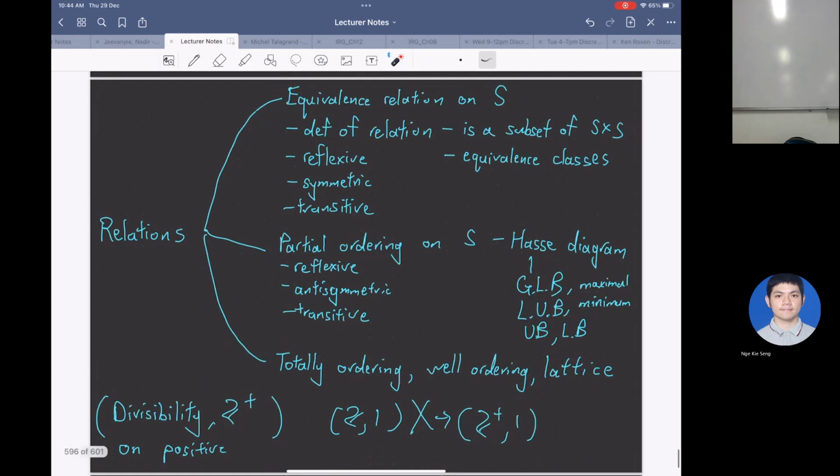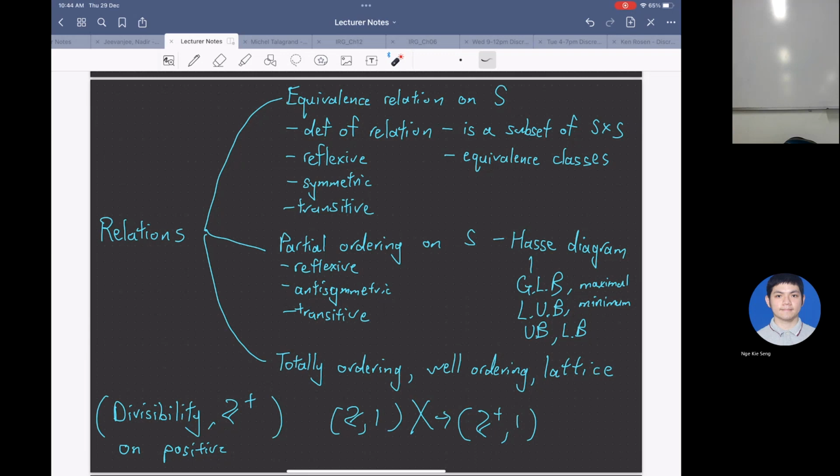Second, we will have the relation. What we do in the relation is equivalence relation, partial ordering, concepts. In the equivalence relation, we learn the definition of relation, reflexive, symmetric, and transitive. I want to remind you again, relation is not a connection between two elements.